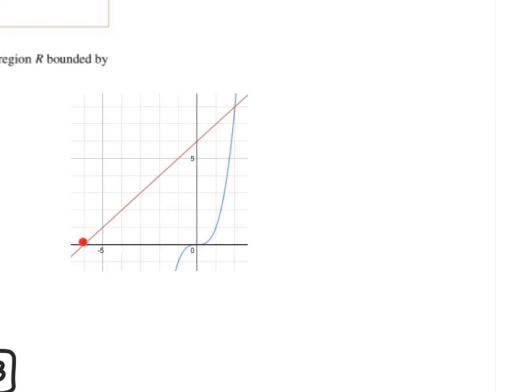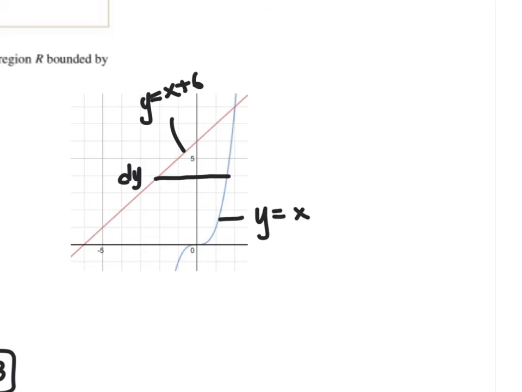And so that tells me that I can integrate with respect to y. So I'm going to draw my slice here, and I'm going to call this dy. Now, we have to change this, okay? This was the equation y is equal to x plus 6, and this was the equation y is equal to x cubed.